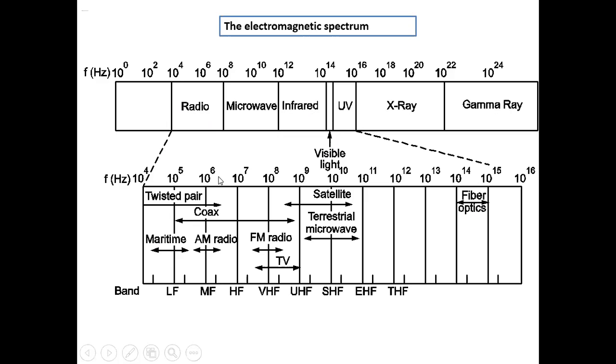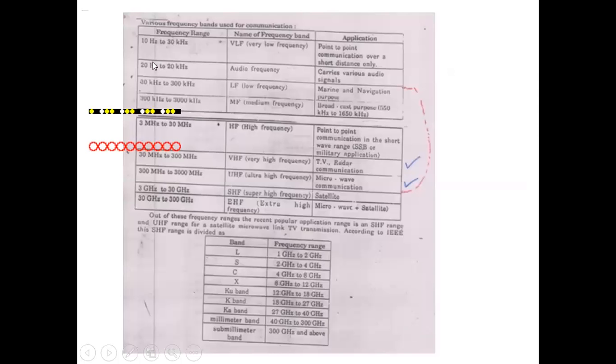And if you see the different application-wise spectrum, that is twisted pair, coaxial, AM radio, maritime band, FM radio band, TV band, terrestrial microwave, satellite, fiber optics. In fiber optics, 10 raised to 14 to 10 raised to 15, such a window and frequency spectrum is used. And normally these frequency bands are known as LF, low frequency, medium frequency, high frequency, very high frequency, UHF, SHF, EHF, and THF. All these details are given in the next slide.